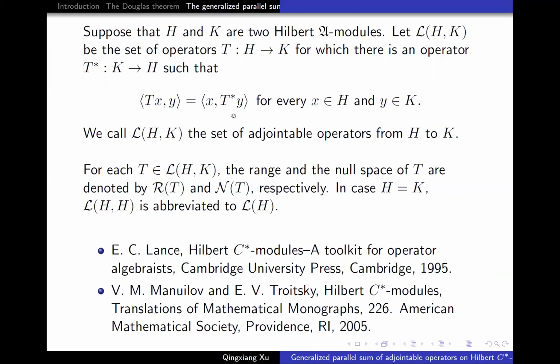And I want to mention that there exist some operators which are not adjointable. So we use this notation to denote the set of all operators which are adjointable. And if T is an adjointable operator, we use standard notation, R(T) for its range, and N(T) for its null space.